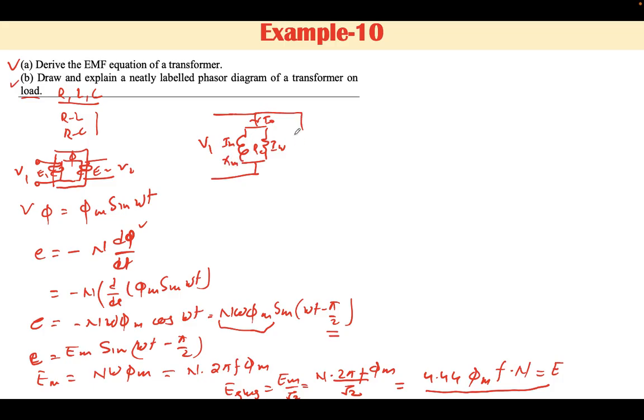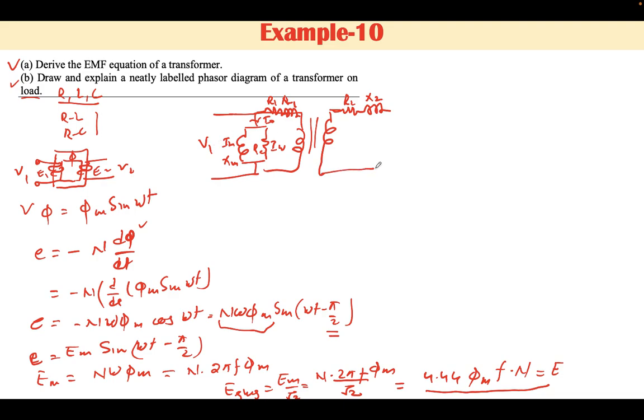Now this is the primary winding, this is the core, and this is the secondary winding. In the secondary winding we have a resistance and inductance. In the primary winding we also have a resistance and inductance. This is R1, this is L1 or X1 considering the reactance. This is R2, this is X2.